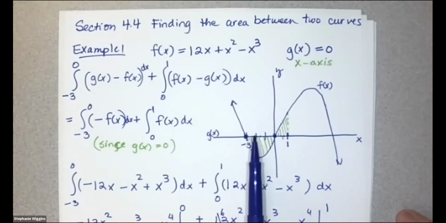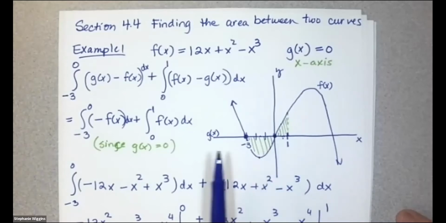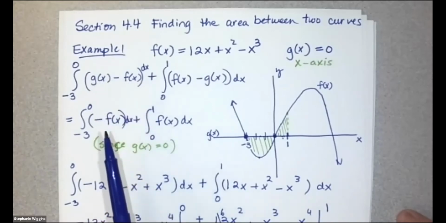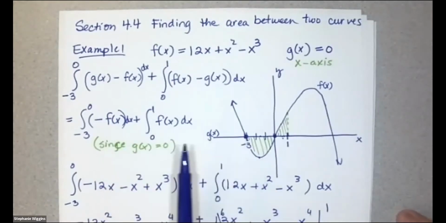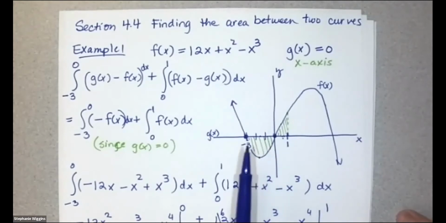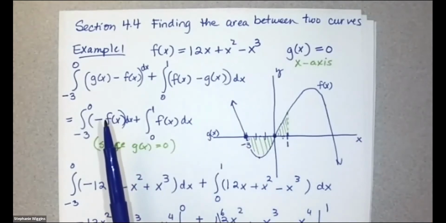So we integrate from -3 to 1, and then we take the top function, which is 0, since g of x is the x-axis, and we subtract the bottom function. That's why we get the opposite sign here, because when you just calculate the integral of f of x, you're going to get a negative answer, and we want a positive answer for area.